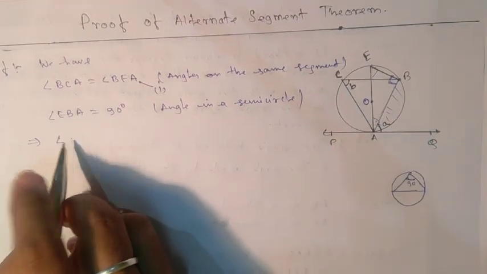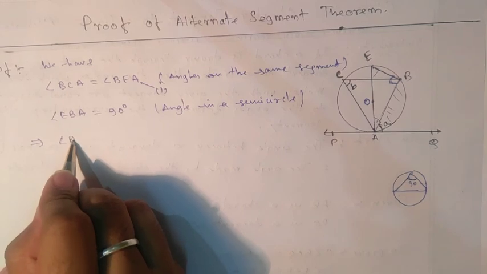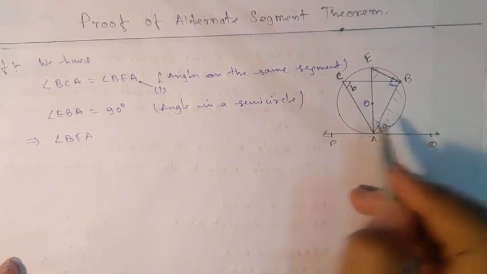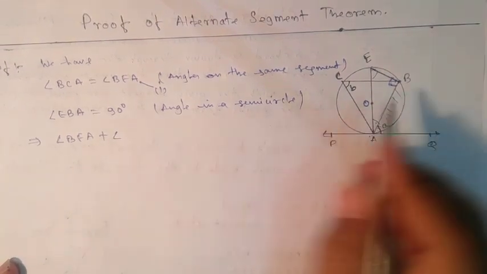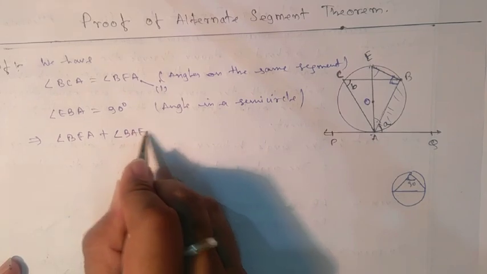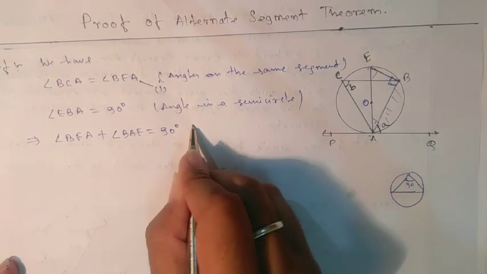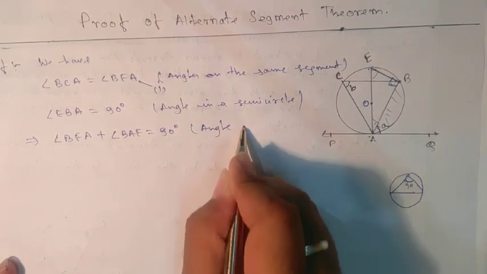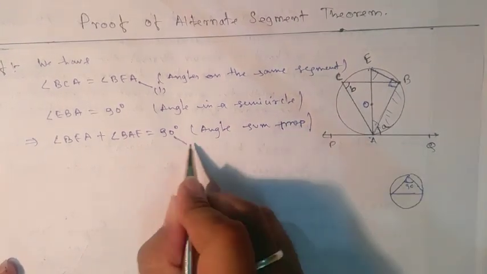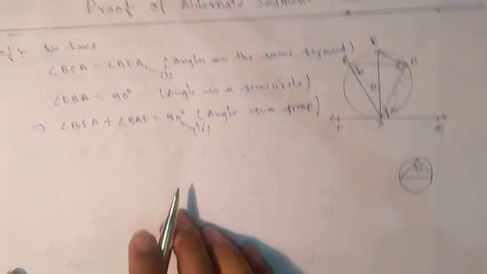Now this implies angle BEA plus angle BAE equals 90 degrees. Why? Angle sum property.